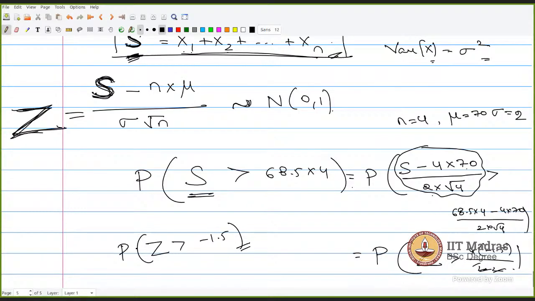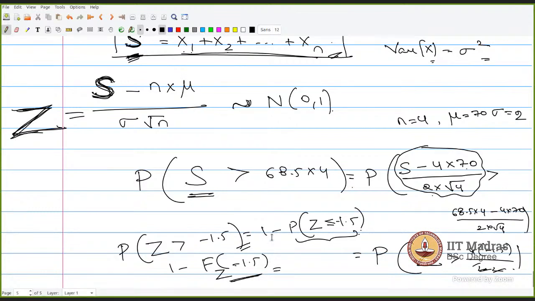This is 1 minus the probability that Z is less than or equal to minus 1.5, which is 1 minus Fz of minus 1.5. If you know the value of this, just substitute it and subtract it from 1.